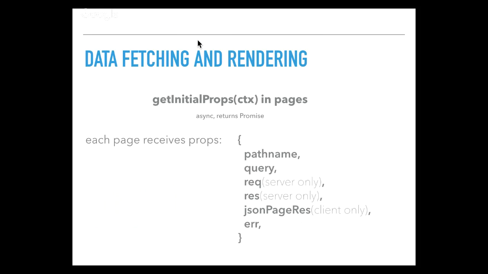Each high-level container, I mean the files in the pages folder, your pages actually, by default gets the context property, and inside that context property you have the pathname of the current URL, the query that is inside the URL, all the information of the request and response, the response in the form of JSON that is available on the client, and you also have the error information.